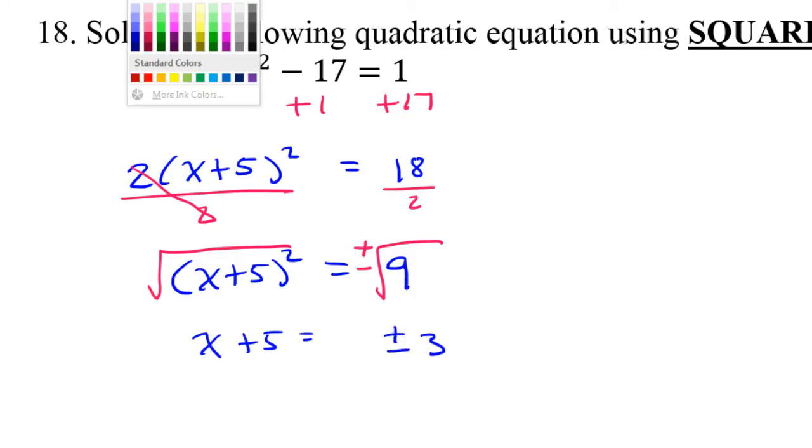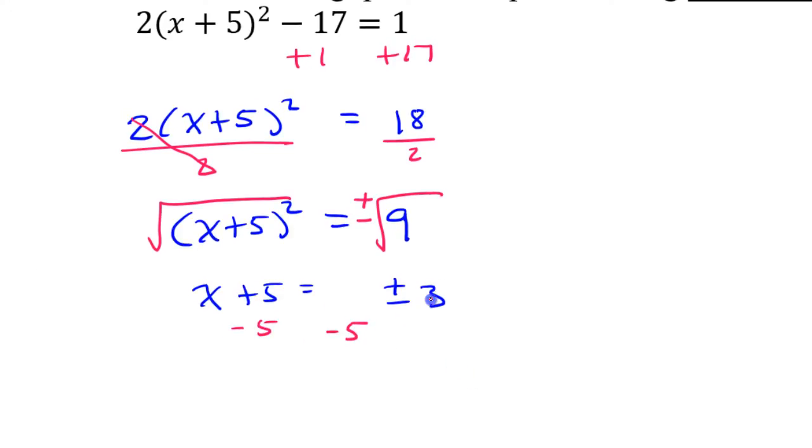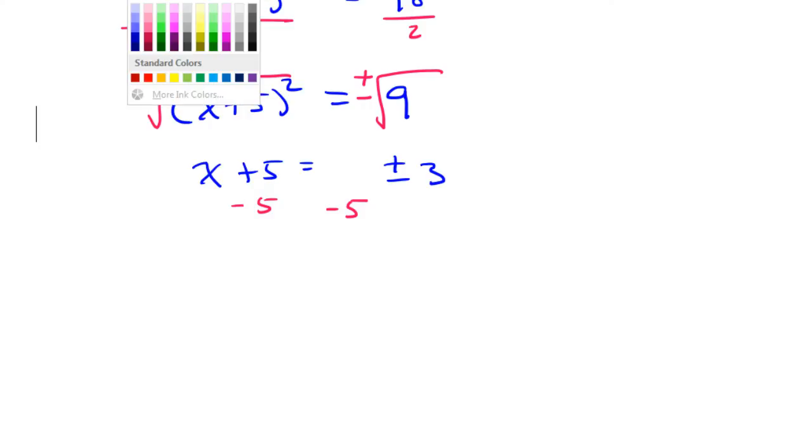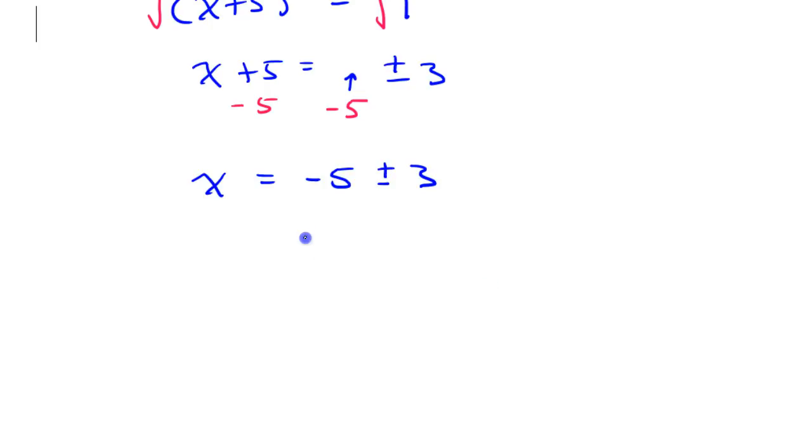Finally, I need to subtract 5 from both sides. Now, do not try to just do 3 minus 5. This is not a single number. This is two separate numbers, a positive 3 and a negative 3. So what I always suggest is, for right this second, let's just put the negative 5 in the front right here. So I'm going to have negative 5 plus or minus 3. Now we can deal with it.